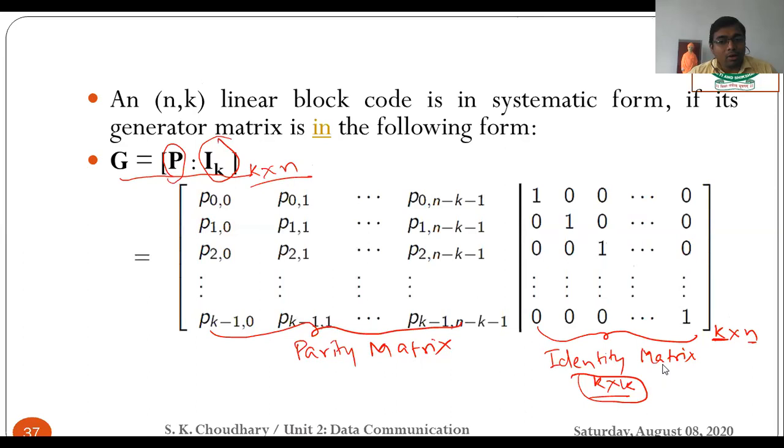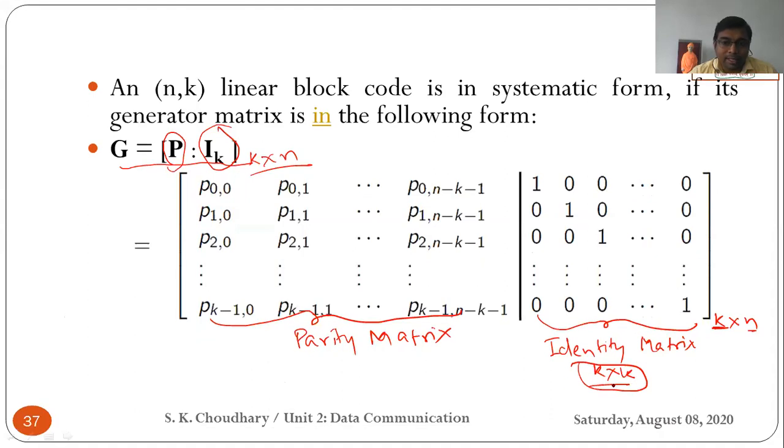So the identity matrix always has the value 1. For example, take a general example, 100. For our previous example, what is the identity matrix? As per the order, the identity matrix has the order k by k. For our example, n and k are 6 comma 3, so k is 3, and the order of the identity matrix is 3 by 3.